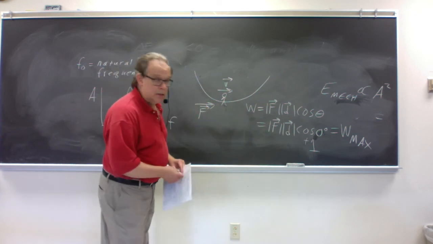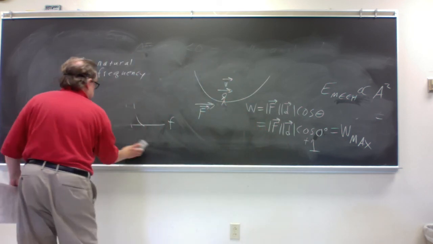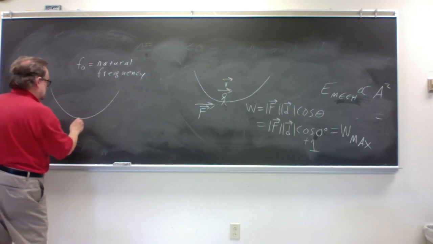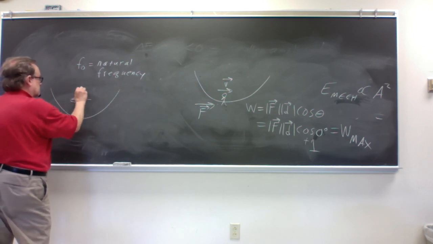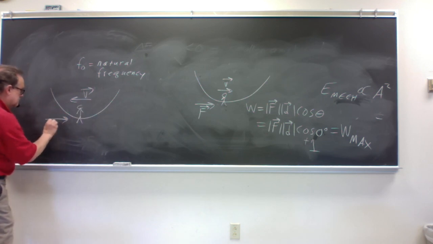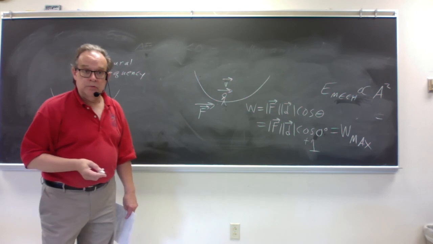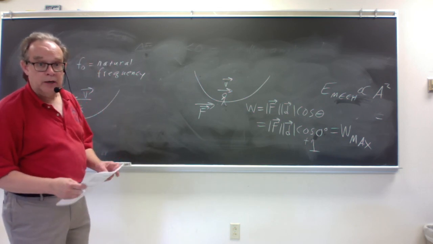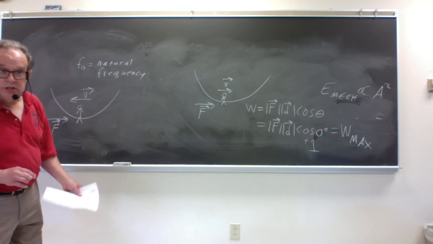And what happens in that case? Right, obviously, in pushing against the kid's motion, the kid's going to slow down because negative work is being done. But let's just go through the steps here.